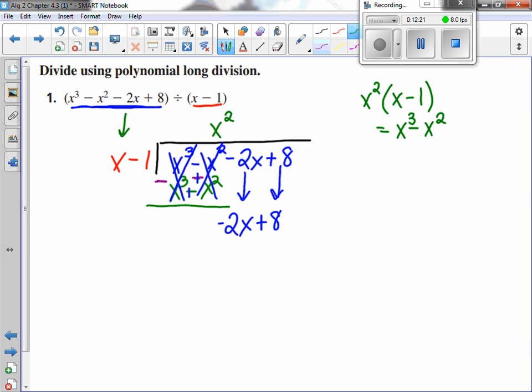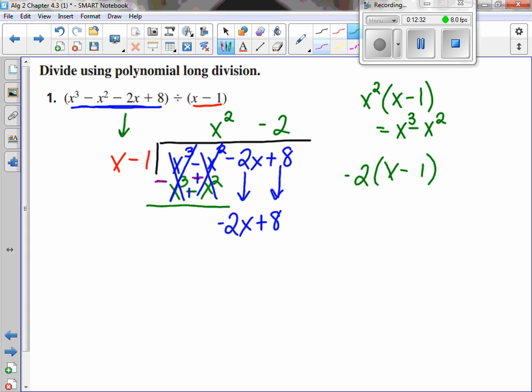So what times x will give me negative 2x? Negative 2. So we'll multiply negative 2 times x minus 1. Well, negative 2 times x will be negative 2x, like we wanted, yes? Negative 2 times negative 1 will be plus 2.